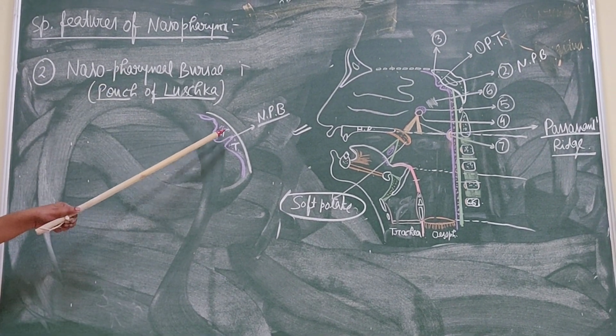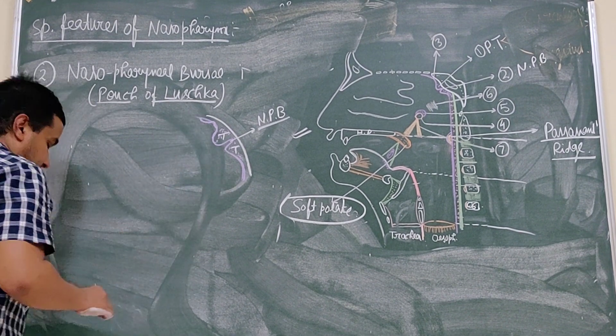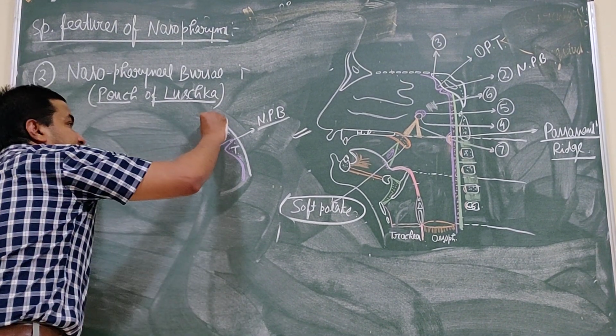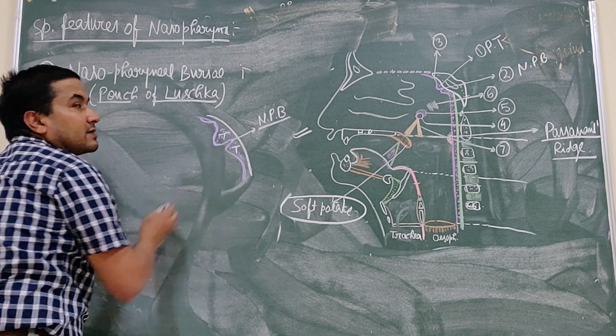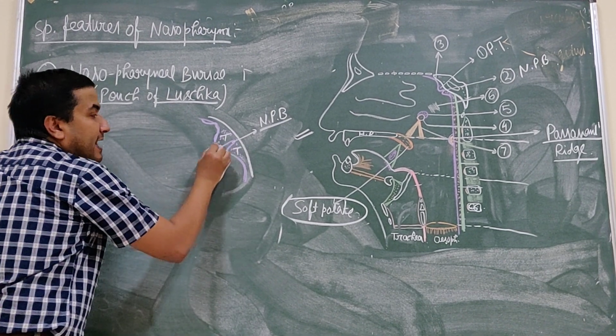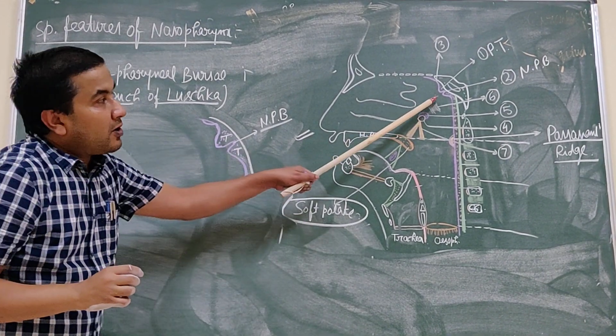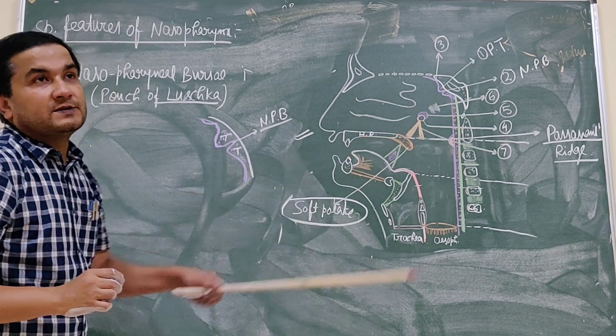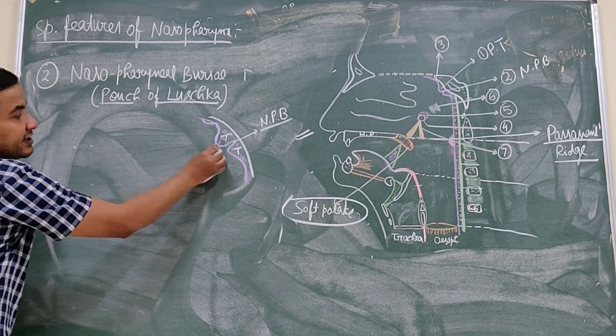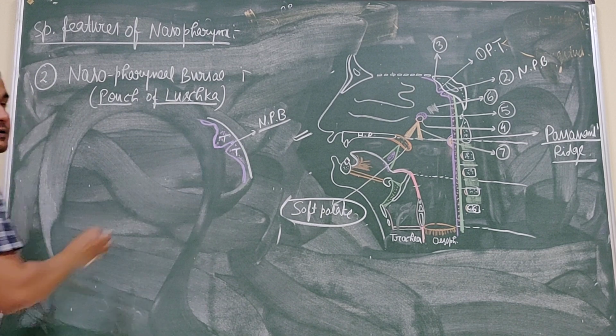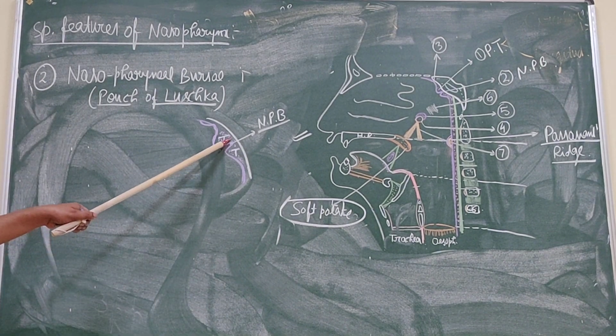In this diagram, this is the tonsil, the pharyngeal tonsil. From the apex of the tonsil, there is a diverticulum of the mucosa into the tonsil.